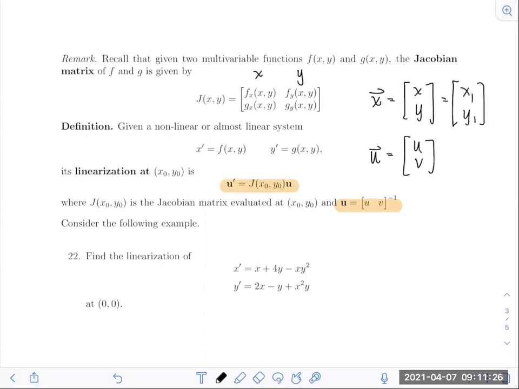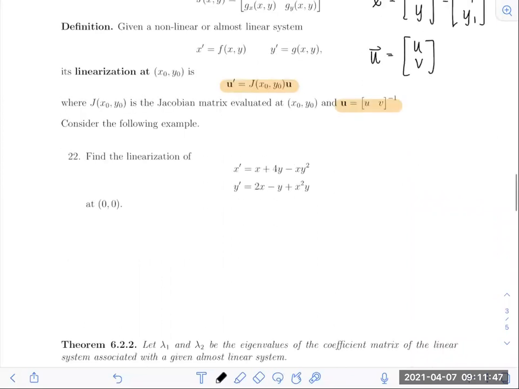Just as we used it in Calc 3 as a change of variables, we're doing a similar thing here in differential equations. We're going to switch from a nonlinear system in x and y to an associated linearization, or a linear system in u and v. But in order to make that transformation, we pay for it with the Jacobian.